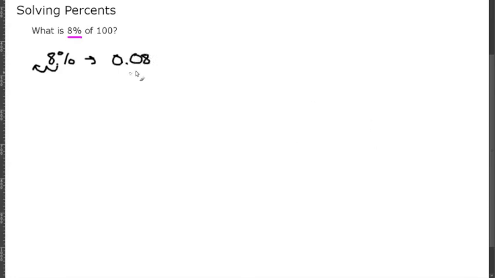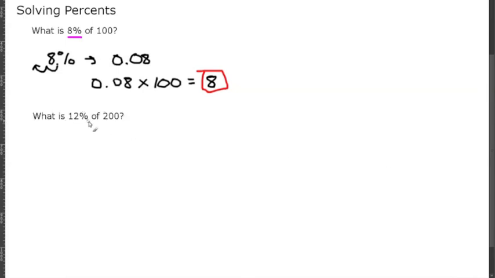And now we're just going to take that 0.08 and multiply by 100. So 0.08 times 100 is going to give us the number 8. So 8 is 8% of 100.